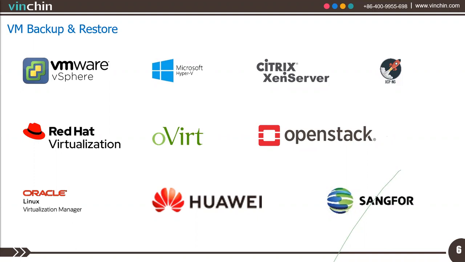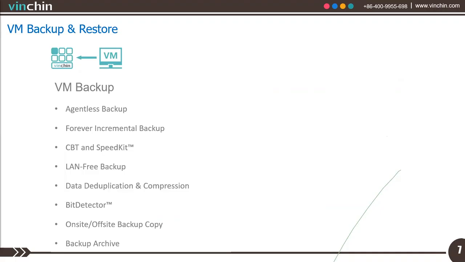Among them, the latest versions, VMware vSphere 7, oVirt 4.4, and XenServer version 8.2, are now supported. And the two new virtual infrastructures, XCP-ng and Oracle OLVM, are now supported. So Vinchin Backup and Recovery version 6 can now support 10 different hypervisors and can widely protect the mainstream virtual infrastructure in the world.